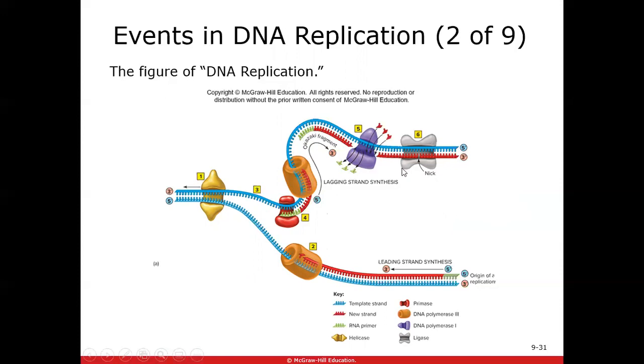And so they both go from the 3' to the 5' side. When it goes this way, this one goes this way. This one goes from 3' to 5', but it has to go the opposite direction. So it has to replicate in the opposite direction. And so in segments.